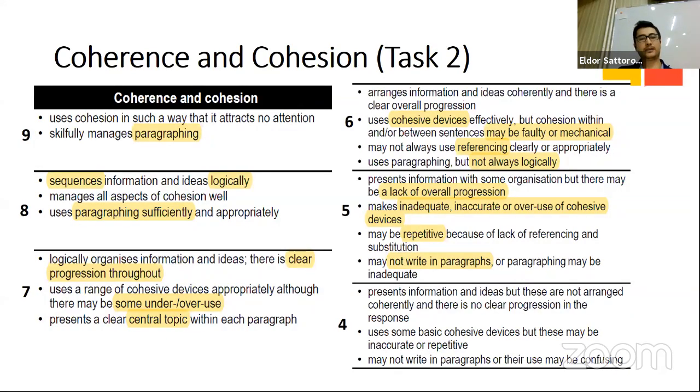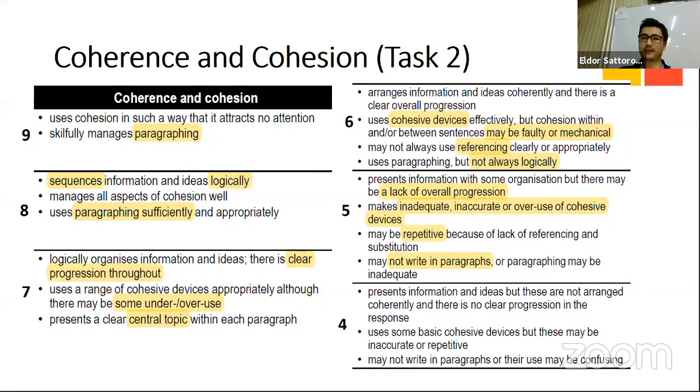Okay, I've highlighted some of the important parts here, but I think it's worth looking at band 5. Oftentimes students have an issue with this because of a lack of understanding. Band 5 says yes, there is some organization. I can see you have an introduction, a main body and a conclusion, but there is a lack of logical progression in your writing.